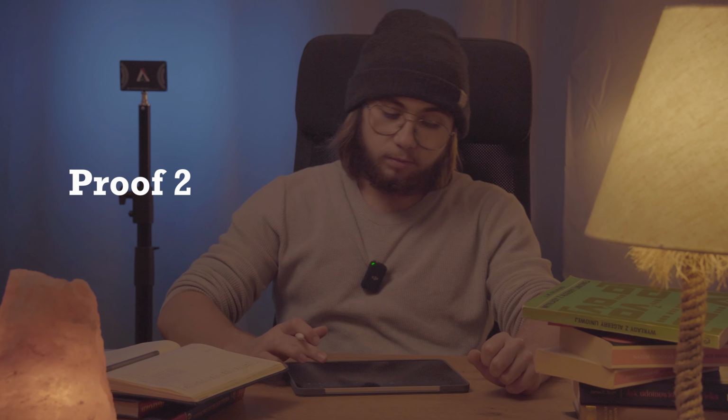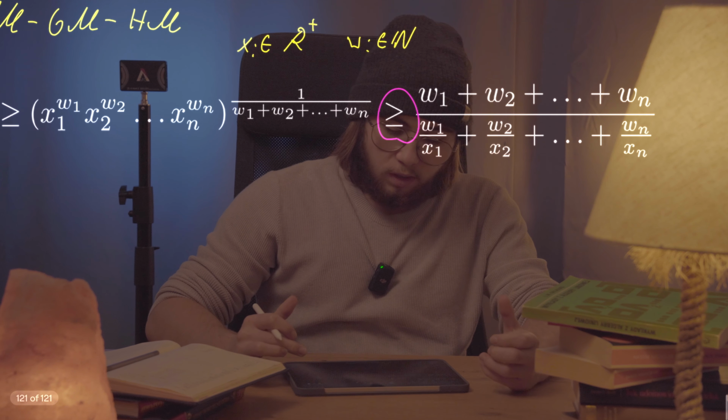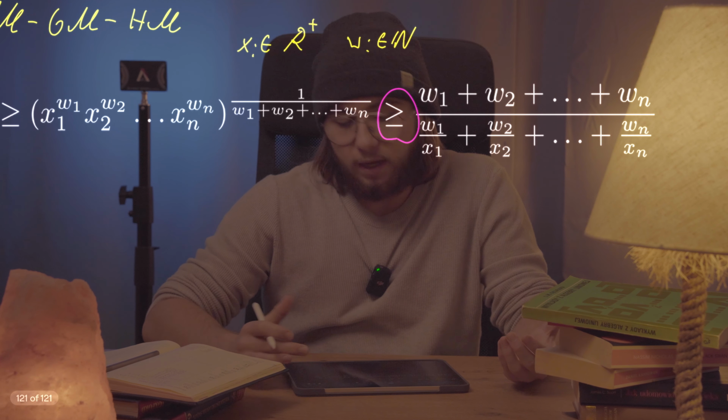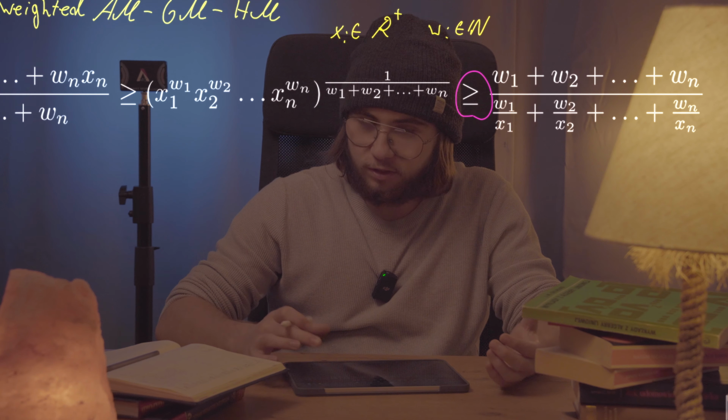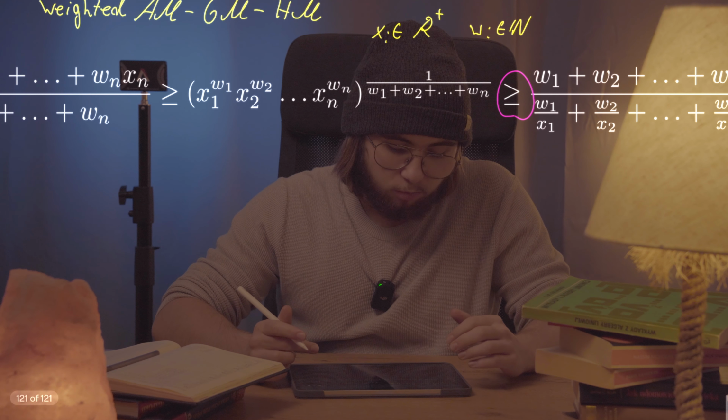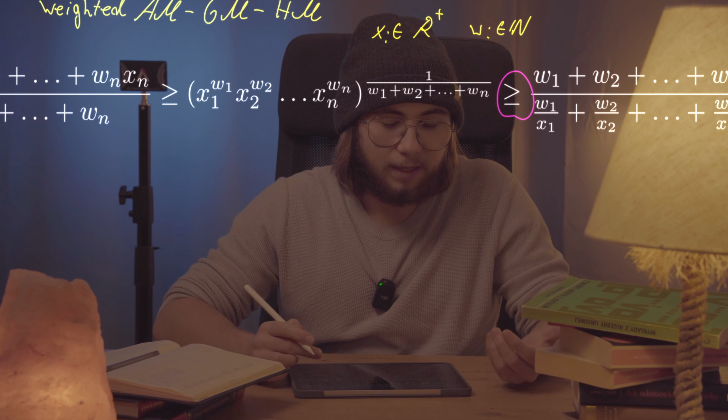Okay guys, and now let's prove the weighted GM-HM inequality. Once again I would like to rewrite the expression on the left hand side of this inequality in terms of repeated multiplication this time, not addition.